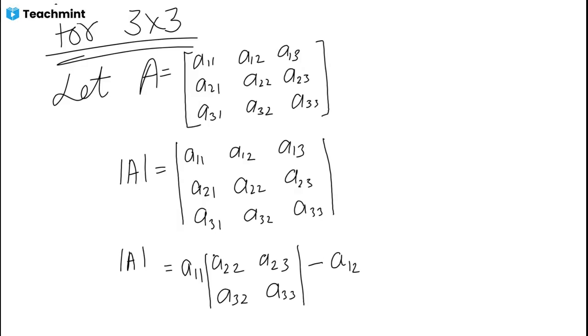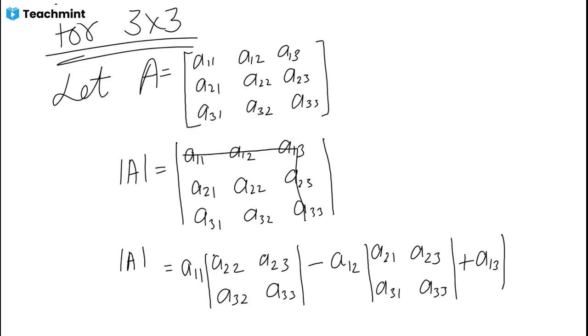So this is the element of first row and first column. We leave elements of first row and first column and write down the remaining elements in this 2 by 2. Plus the next element is, so this is the element of first row and third column.